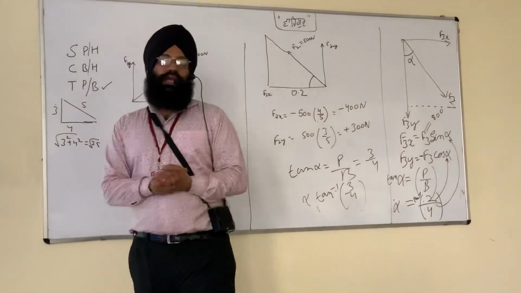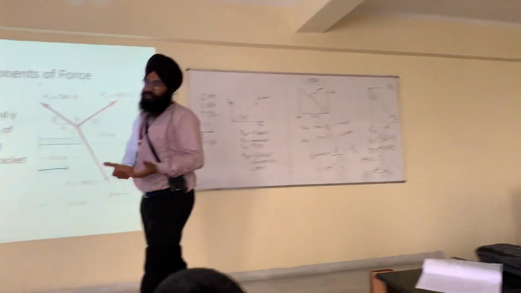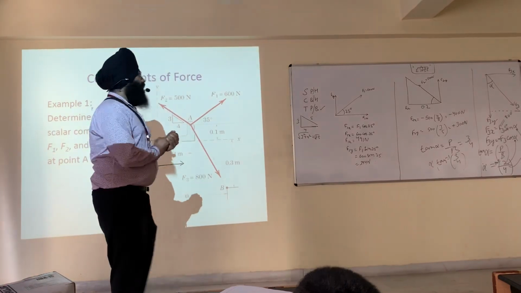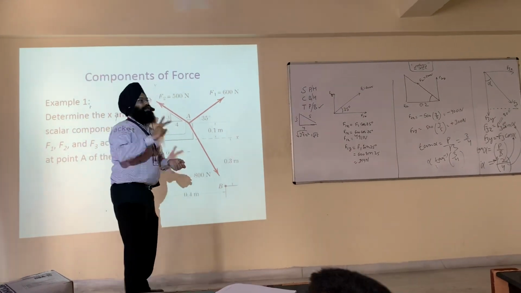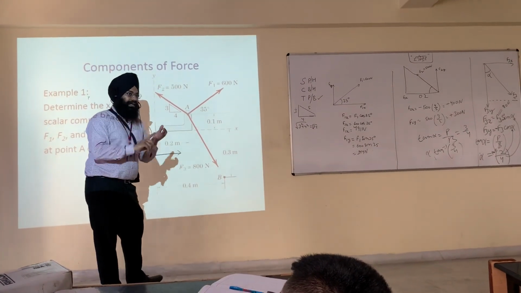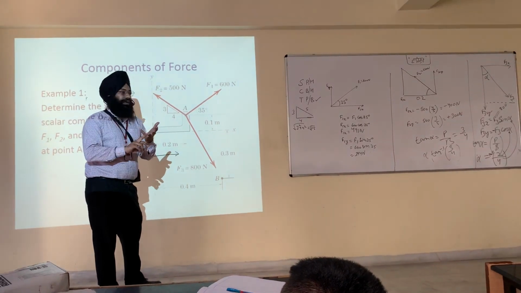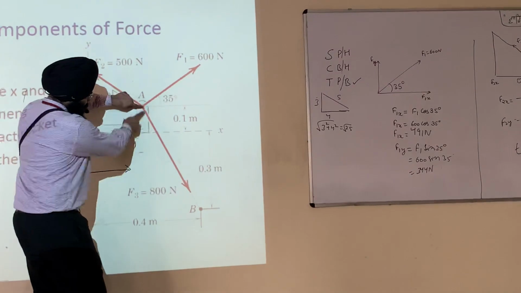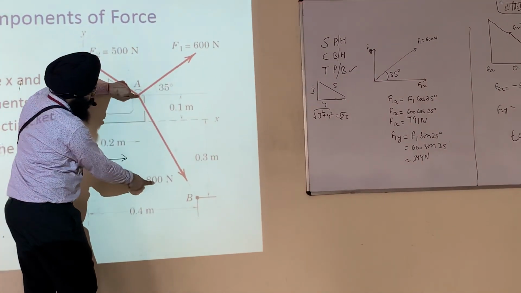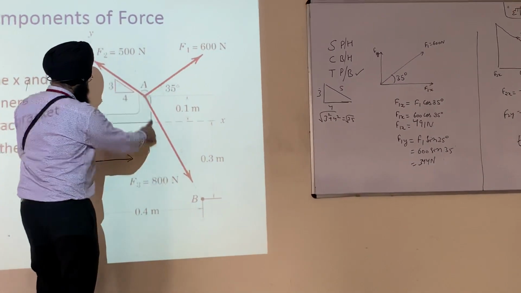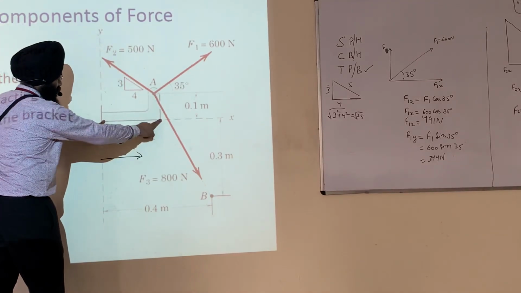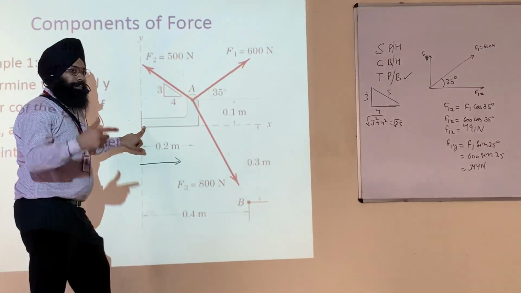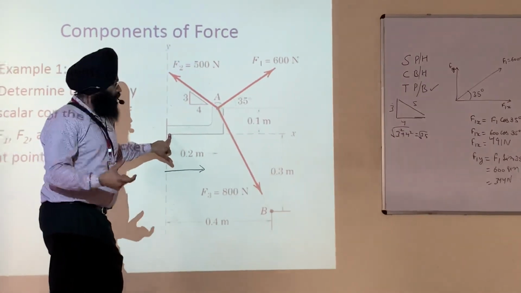Similarly, we now need to calculate the F3 force. For F3, we will first see what two things are given: whether the angle is given, or whether the distances are given. Here no angle is given, so we will come to the distances. This point is at a distance of 0.4 from here and 0.2 from here. So tangent alpha is perpendicular over base.